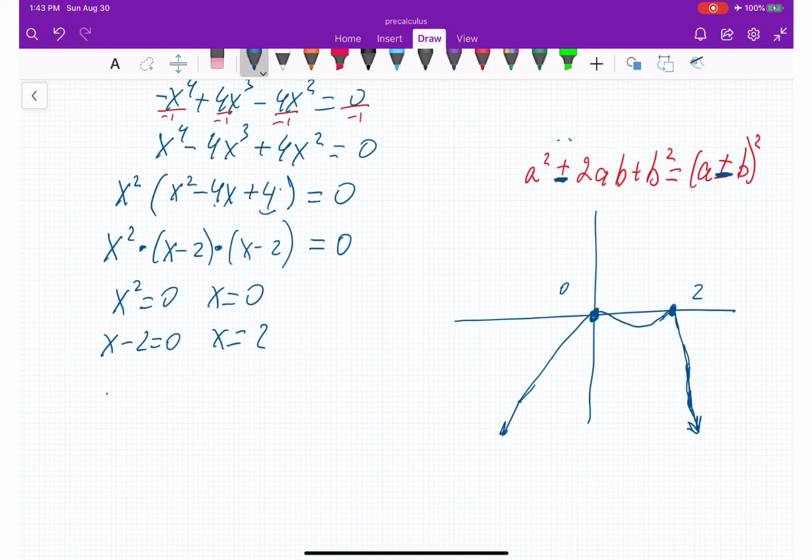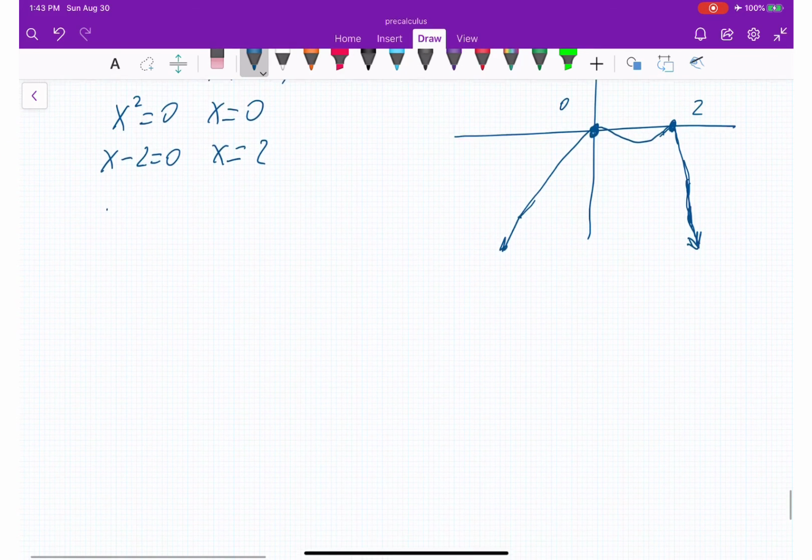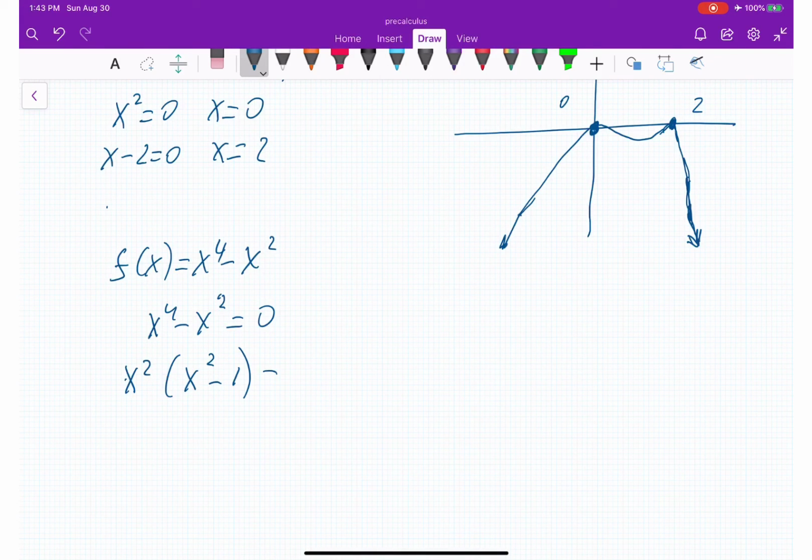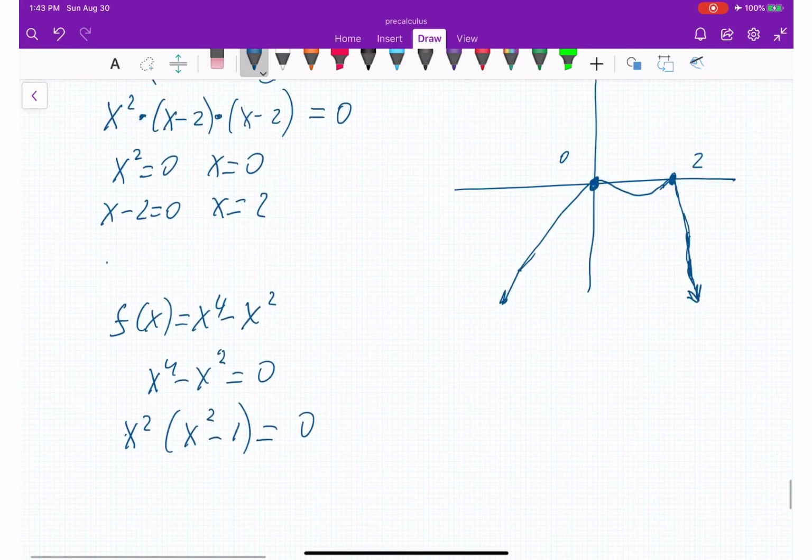Next one. X to the power 4 minus x squared, so we get x to the power 4 minus x squared is equal 0. We take x squared out and we will have x squared minus 1 equal 0.